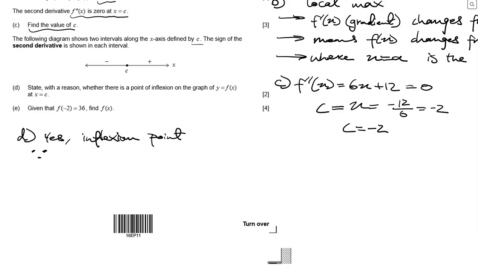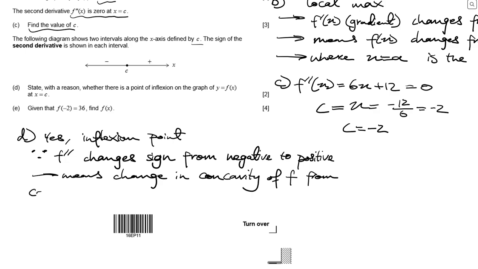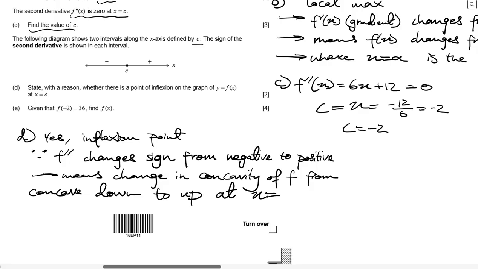Since the second derivative changes sign from negative to positive, which means a change in concavity of f from concave down to up at x is equal to c.